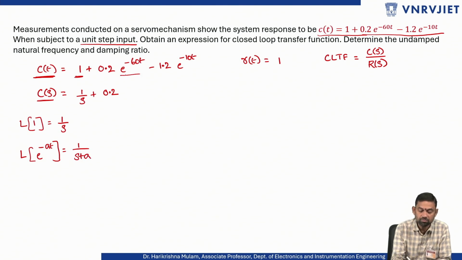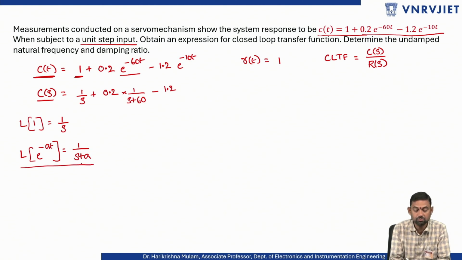Therefore, the Laplace transform of e power minus 60t will be 1 by S plus 60, so 1 by S plus a is the formula. So 1 by S plus 60, minus 1.2, again use the same formula: e power minus at is equal to 1 by S plus a. Therefore, e power minus 10t has the Laplace transform 1 by S plus 10.